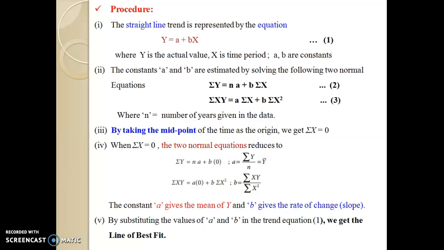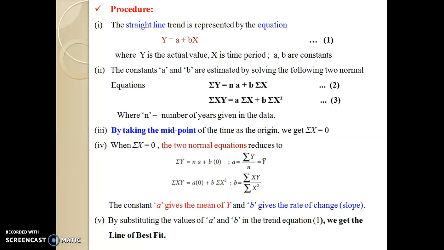If deviations are taken from the middle point, so that summation of x is equal to 0, then the values of a and b can be obtained as follows. a is equal to summation of y divided by n, that is y bar, the mean of y, and b is equal to summation of x into y divided by summation of x square.